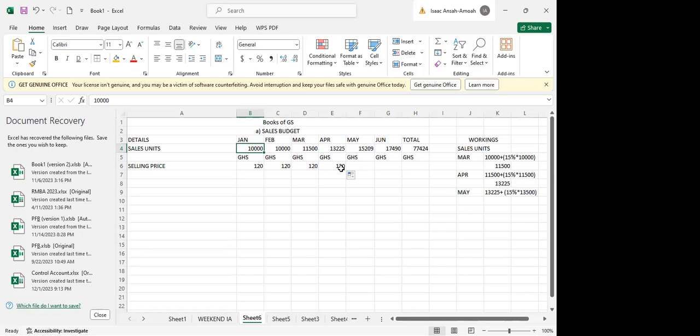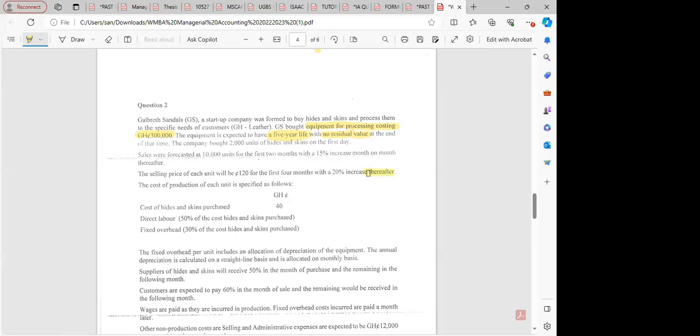But it said that it increased thereafter by 20%. It's so important to take into consideration this word, thereafter. So if you are computing the selling price for month 5, it would be like this.